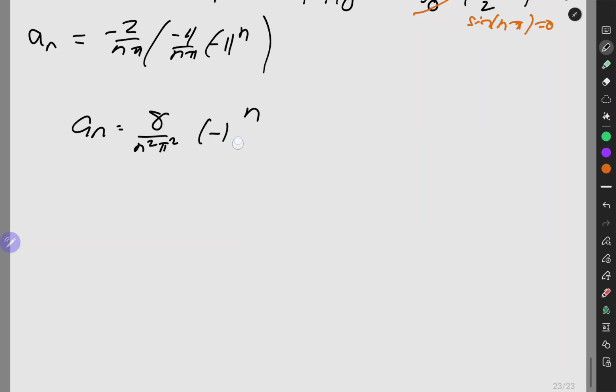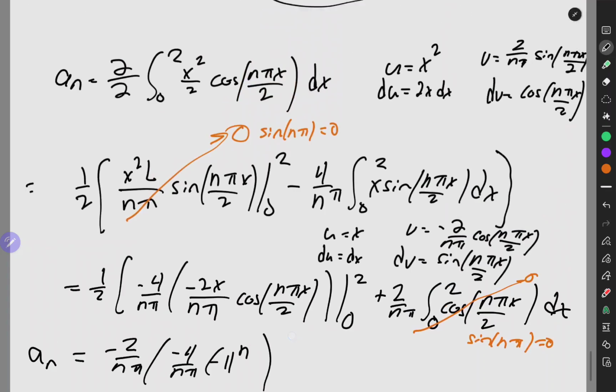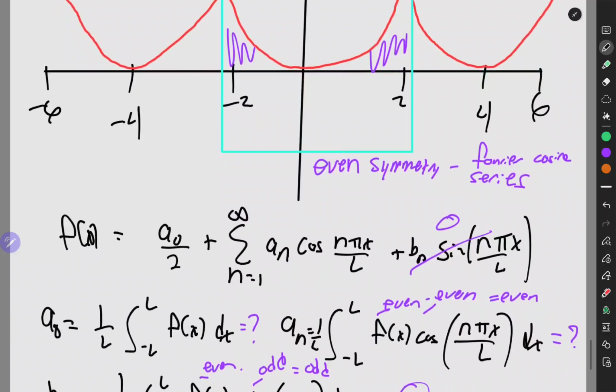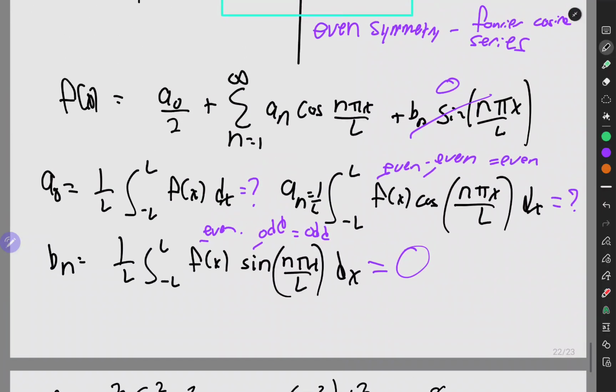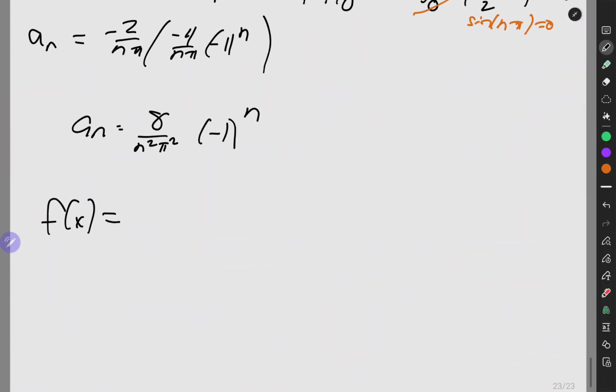And this is it, right? We're to write out our solution. A sub naught over 2. A sub naught was 4 over 3, over 2. That's 4 over 6, which is 2/3.